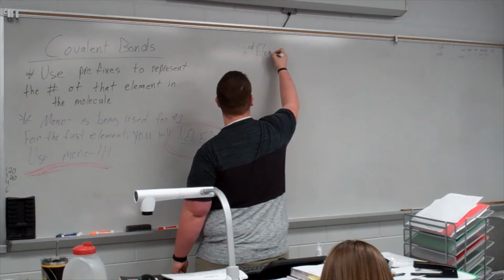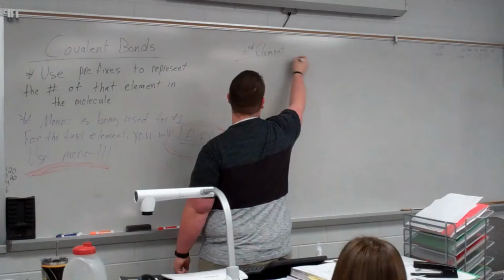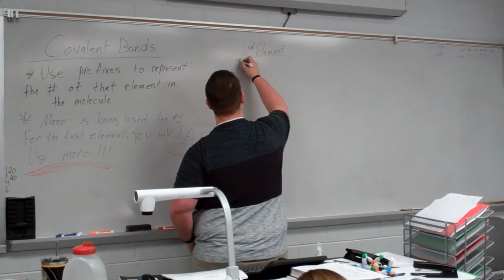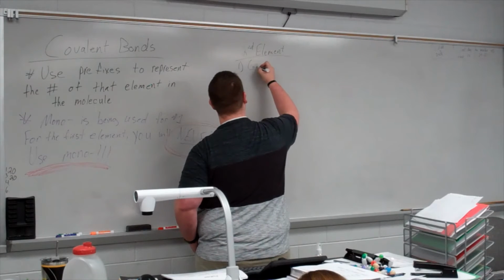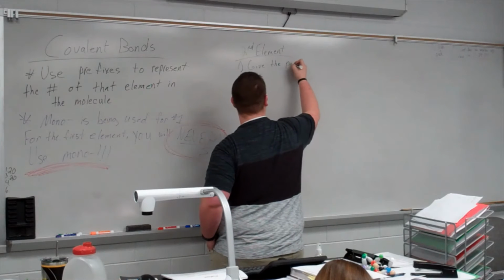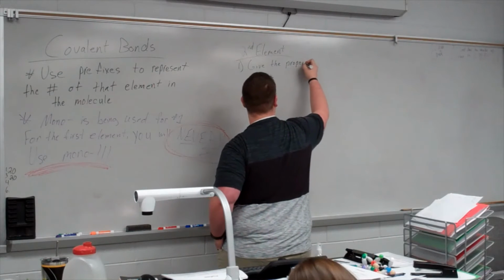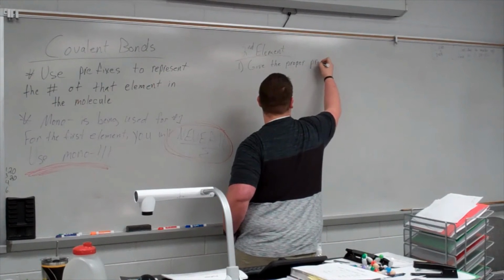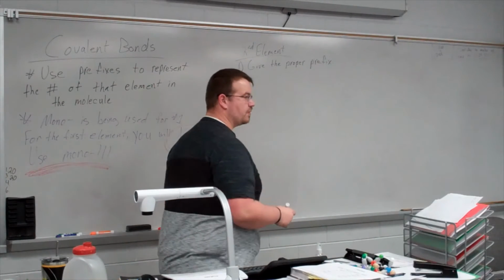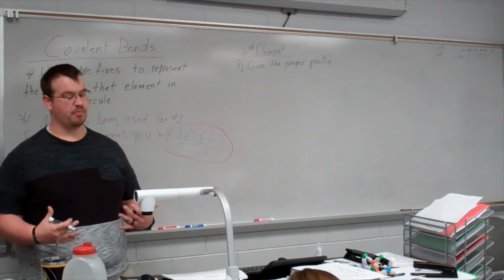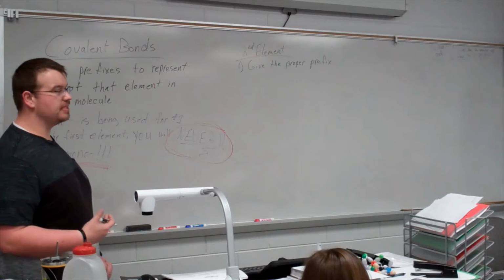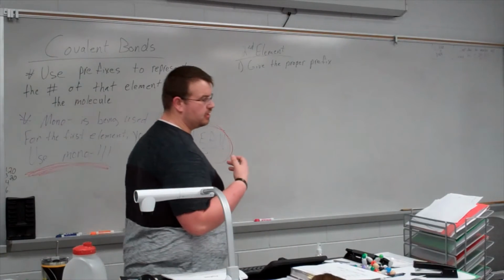So the second element, as you're used to, you will first give the proper prefix. You will always give that proper prefix in there. It's required, it's necessary. You've got to be telling them mono, di, tri, tetra.